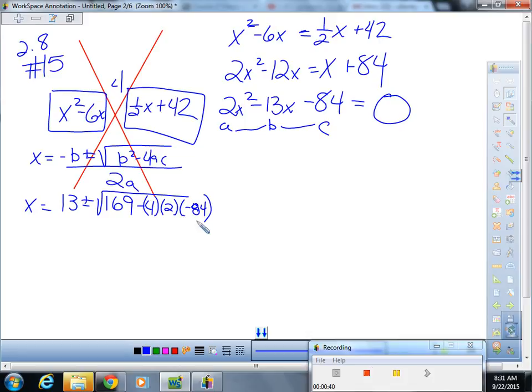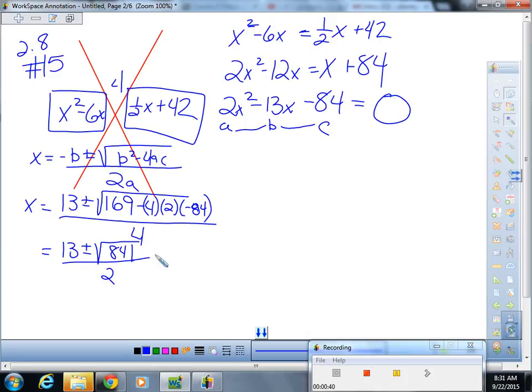Okay? All over 4. All right, now, if you accurately put this into your calculator, what do you get for the square root? 849? 841, thank you.